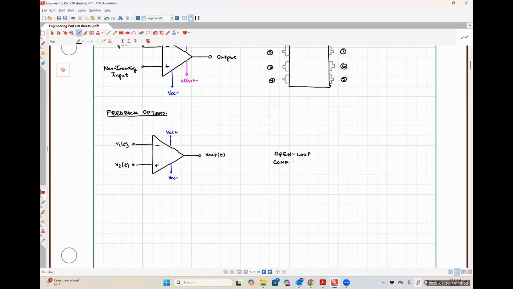Okay. So there is no feedback path that is connecting the output to either one of our input terminals. This is useful at times.